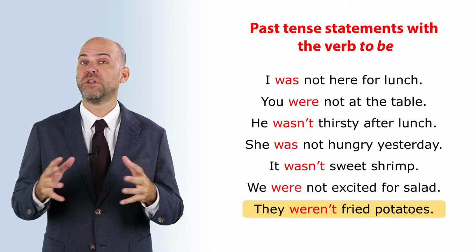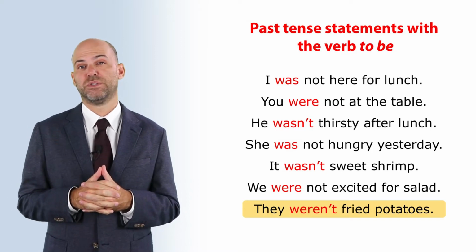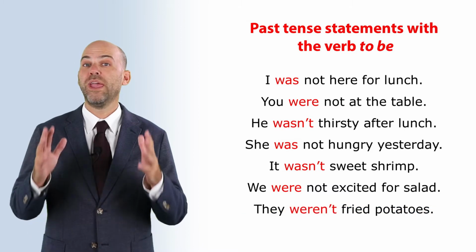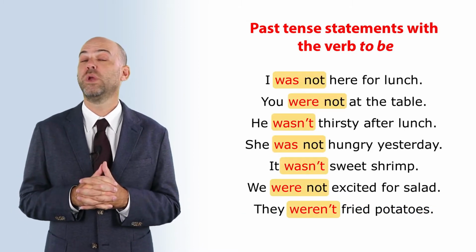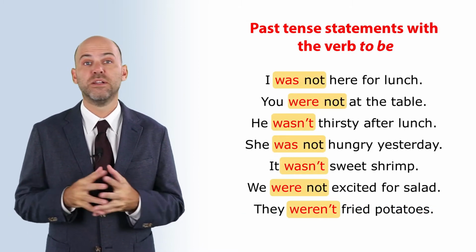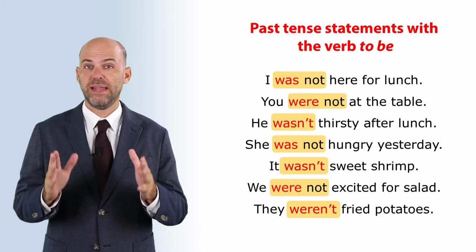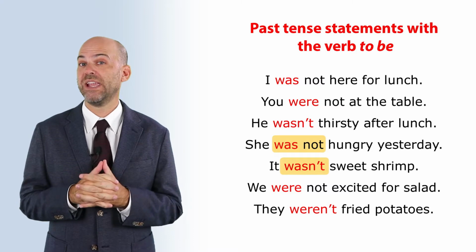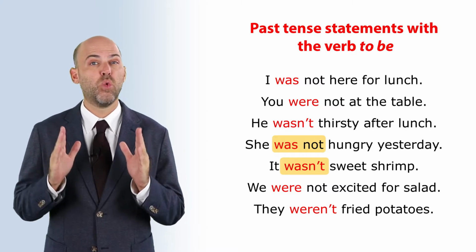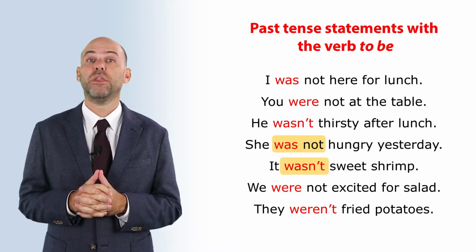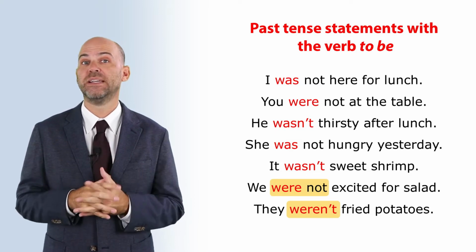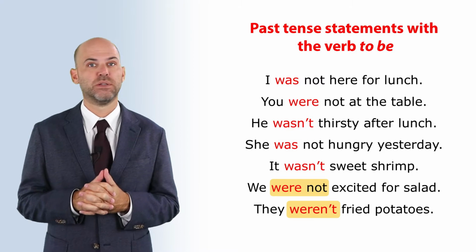They weren't fried potatoes. Okay, great. We use the word not to make the statement negative. The contraction for was and not is wasn't. The contraction for were and not is weren't.